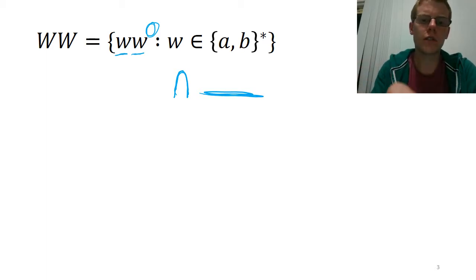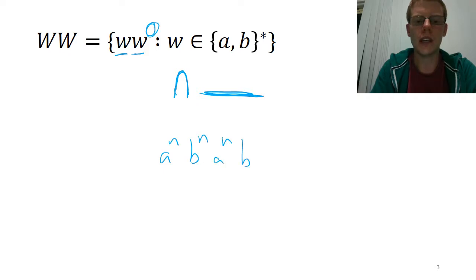In this case, we've got A's and B's, and it would be nice if we could get down to something that looked like a^n b^n a^n b^n. So we intersect the language WW with the regular language made by the regex a* b* a* b*.